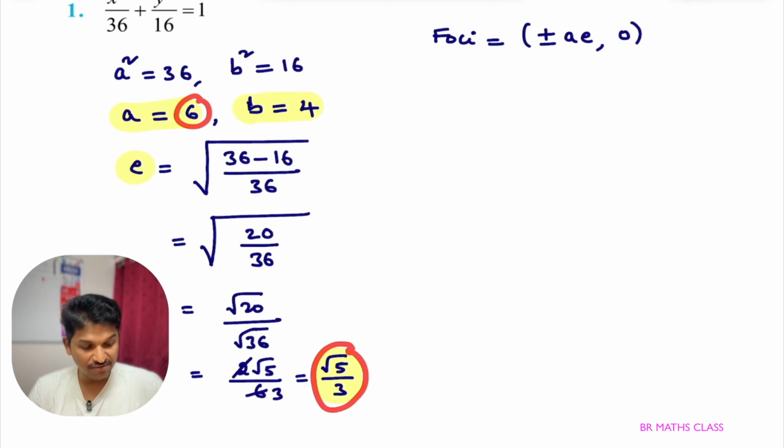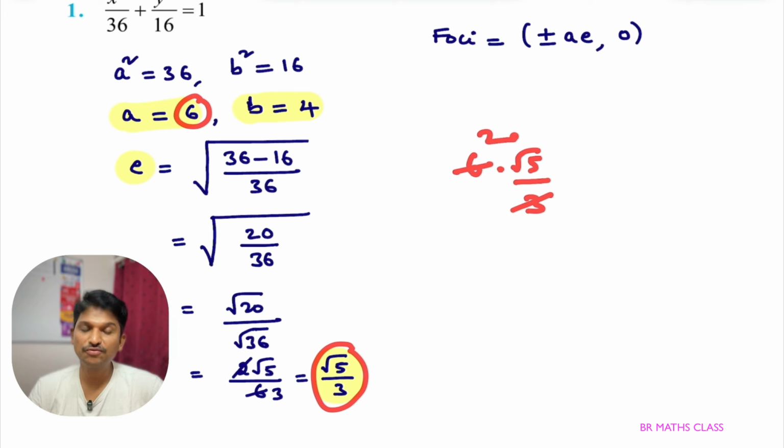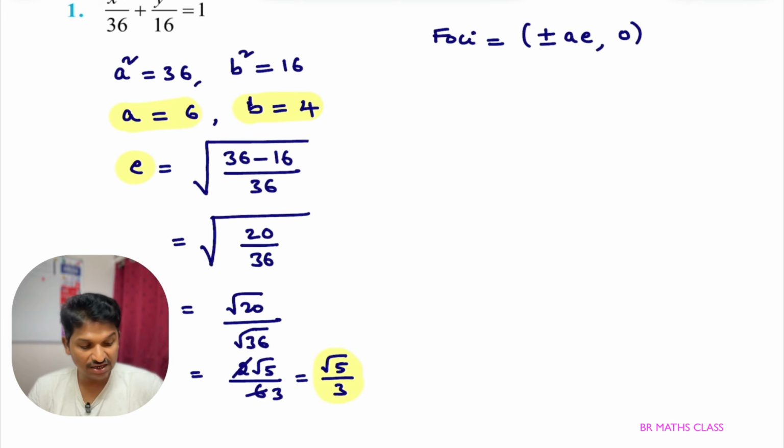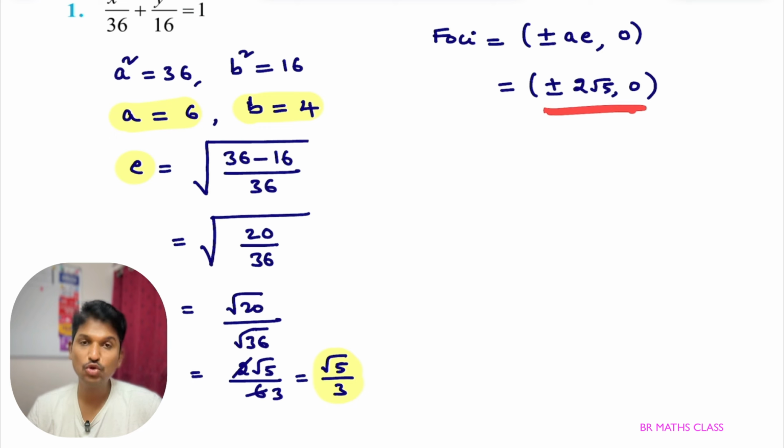You already know e value. A is 6, e is root 5 by 3. 3 in this 2 times. So this is 2 root 5. So what you will get here, this is plus or minus 2 root 5 comma 0. So for this foci, 2 root 5 comma 0 is one focus, minus 2 root 5 comma 0 is another focus.